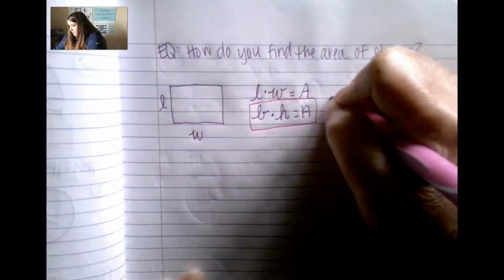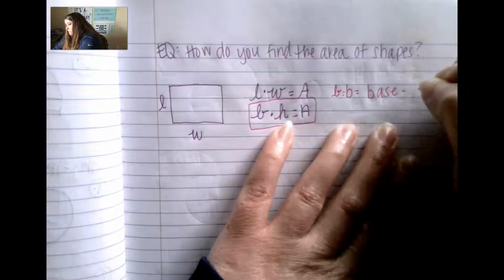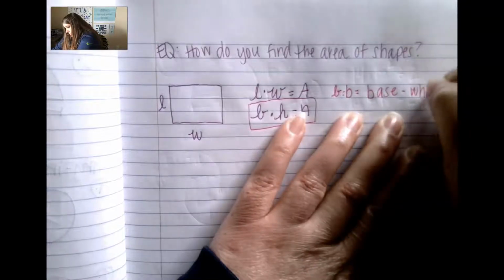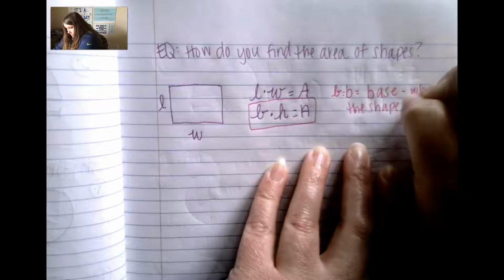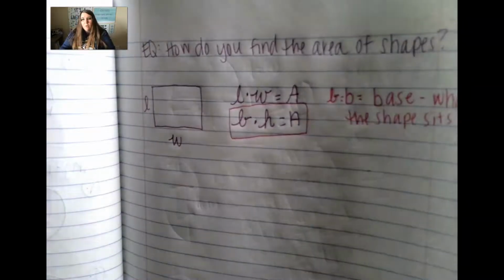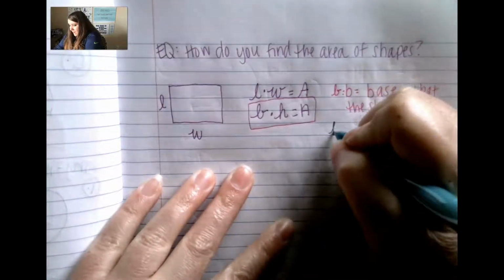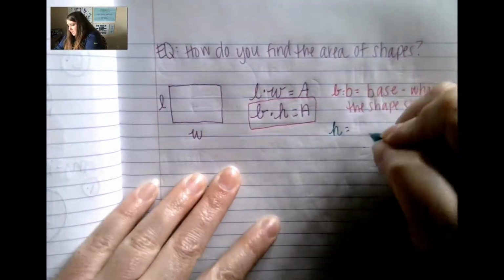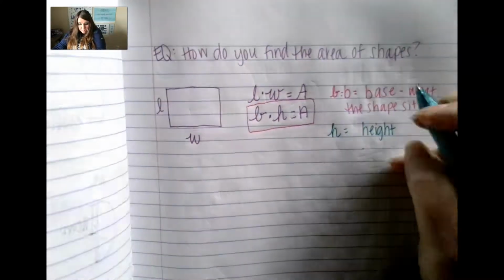The base of a shape, so B, which they write as a fancy B, is what the shape sits on. And the height is on a right angle. H stands for the height, and it is how tall the shape is.